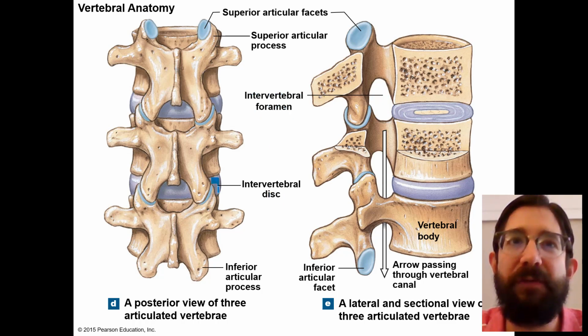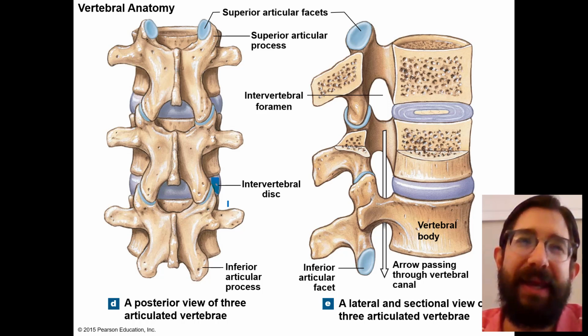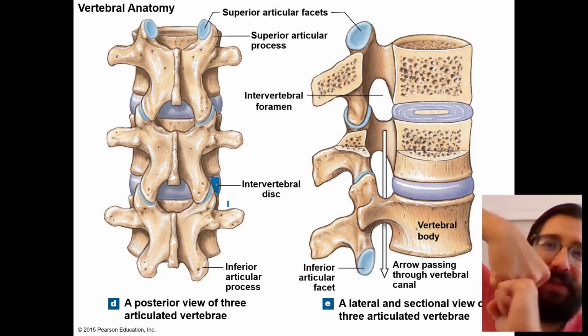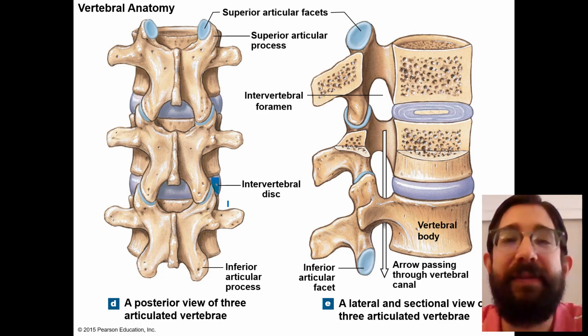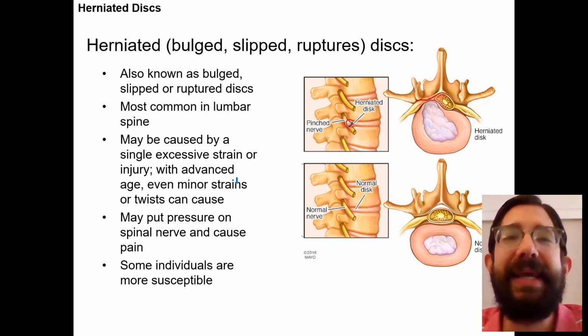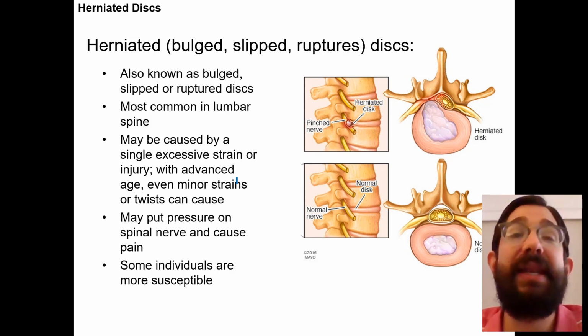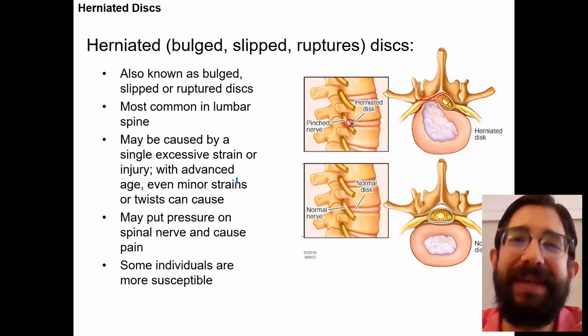And then finally, you have these intervertebral discs shown here. Remember from when we studied tissues that any type of cartilage that resists compression is fibrocartilage. So these intervertebral discs have fibrocartilage, and you can have herniated discs, or they might be called bulge discs or slipped discs or ruptured discs.